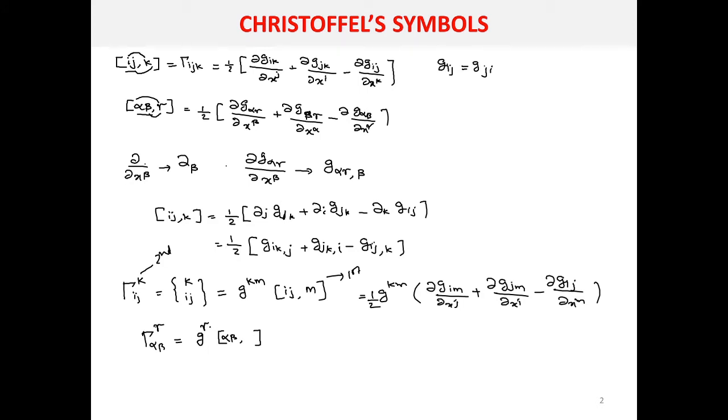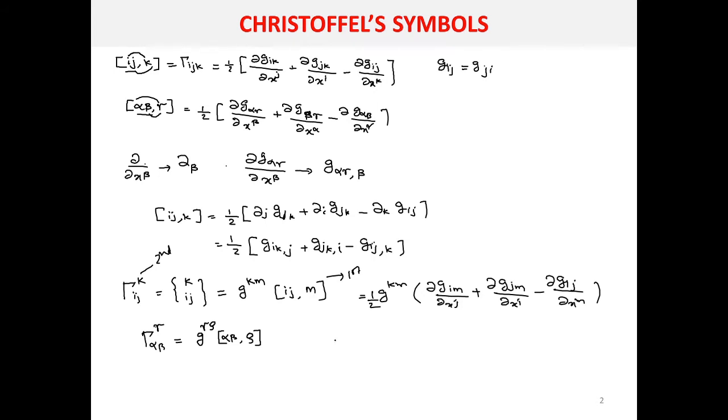Let me give the new index as rho. Then the conjugate metric tensor is also symmetric, so g gamma rho and g rho gamma are the same. In this way you can write the Christoffel symbol of the second kind.